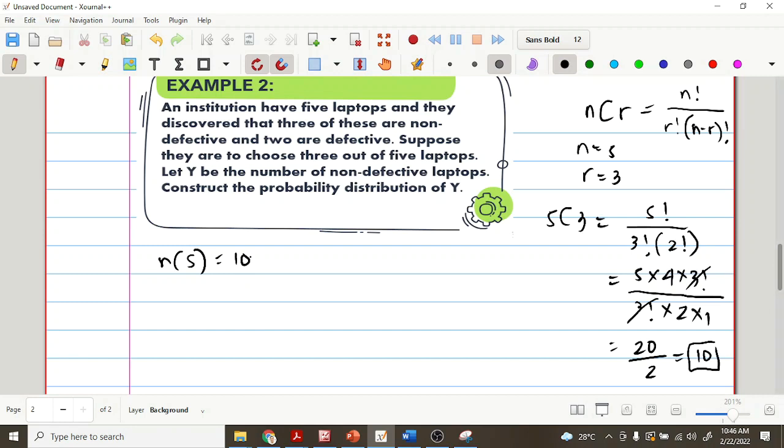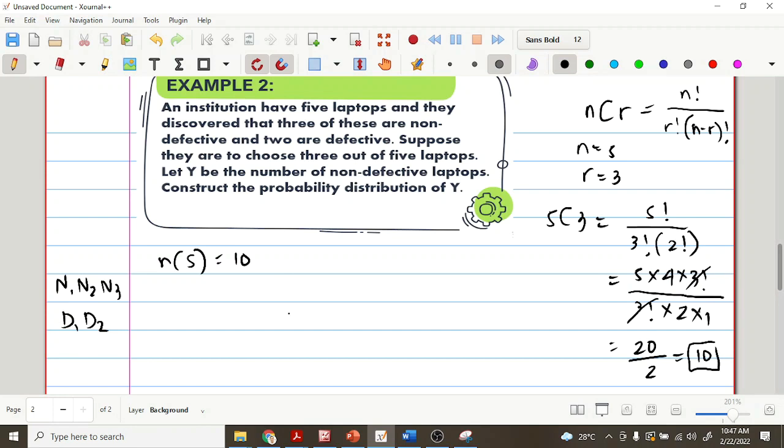So ano yung mga possible outcomes na yan? So mag-let muna tayo. Ano yung sinabi doon? Sa 5 laptops, dalawa yung defective, 3 yung non-defective. So yung 3, we have n sub 1, n sub 2, and n sub 3. At yung defective na dalawa ay d sub 1 at d sub 2.